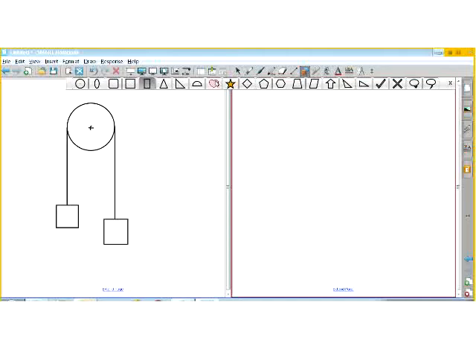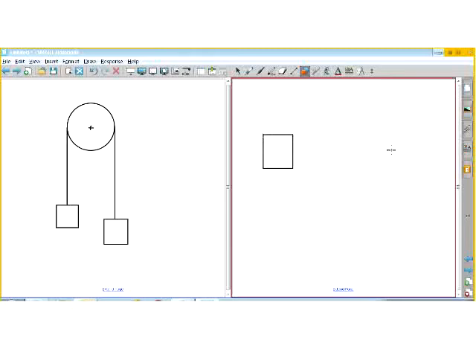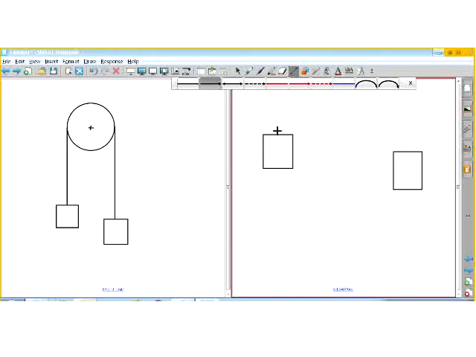And remember, if you draw free body diagrams of these three things, for the two hanging masses, you're going to have the tensions that are pulling up and the weights that are pulling down.